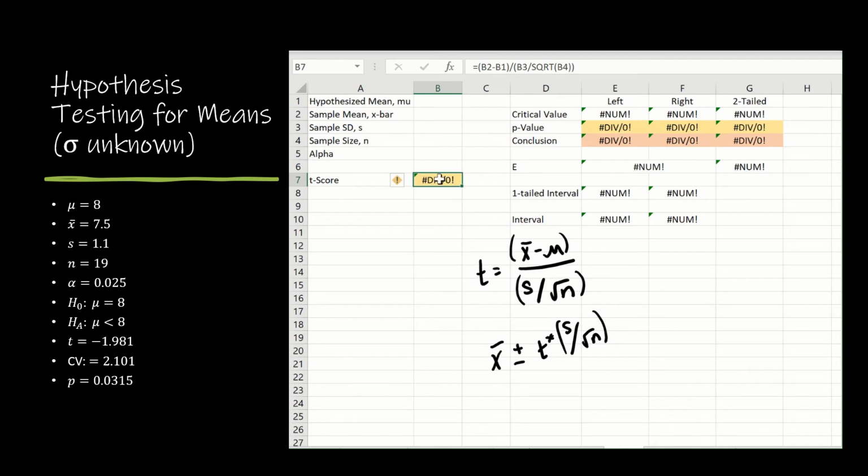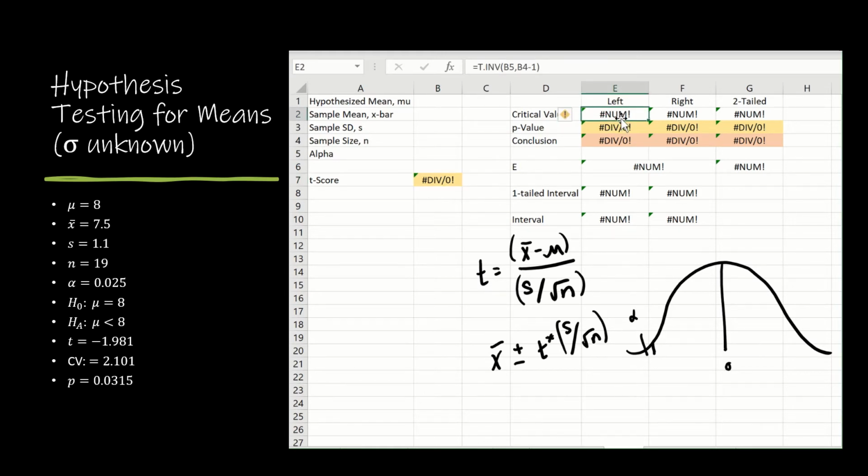So that's our t-score. Remember that we are then finding a critical value. So looking at our picture, if it's a left side critical value, I need alpha on the left side. So if you'll notice, t dot inverse and then alpha, comma, degrees of freedom.